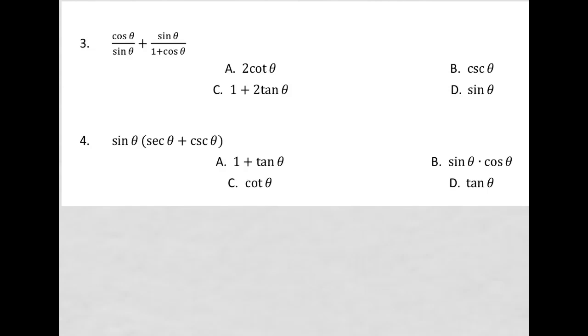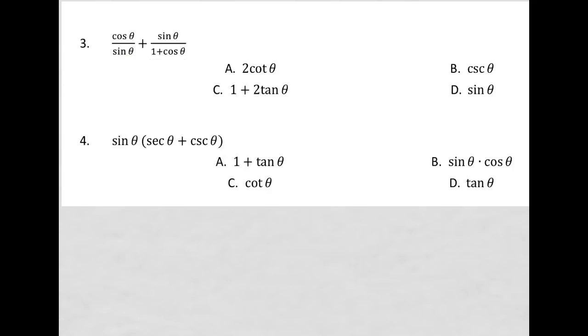So one of the things we did on a problem like number 3 was to get a common denominator. If I look at what my two denominators are, sine theta and 1 plus cosine theta, those are the two factors that need to be a part of my common denominator.